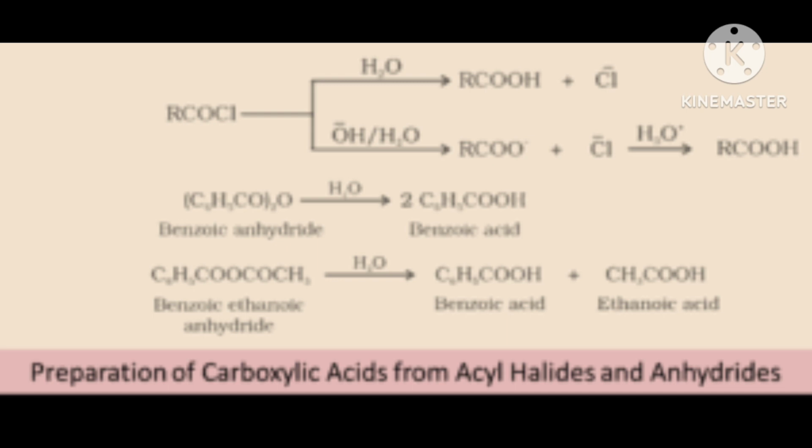Now you can easily understand that when you do hydrolysis, H plus will go to the negative and OH minus will go to the positive. That carbon is positively charged, so OH will come there. Then you will get one product, C6H5COOH.